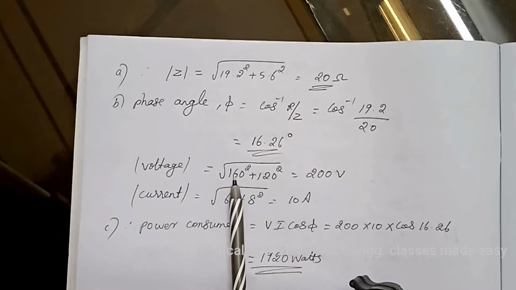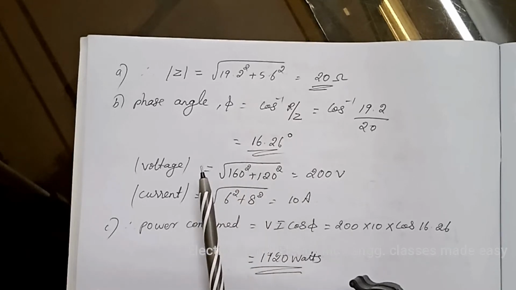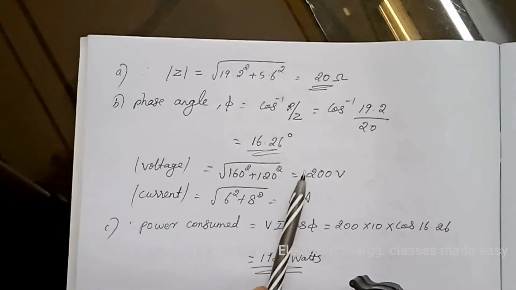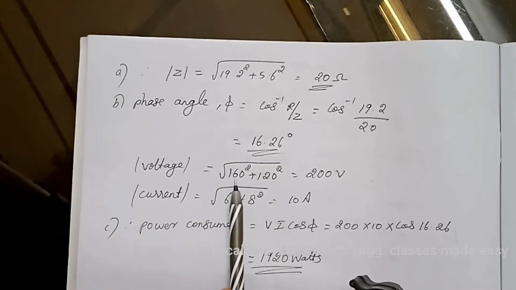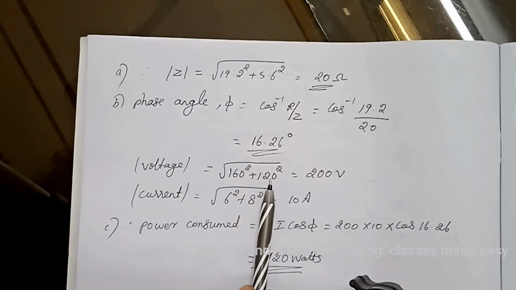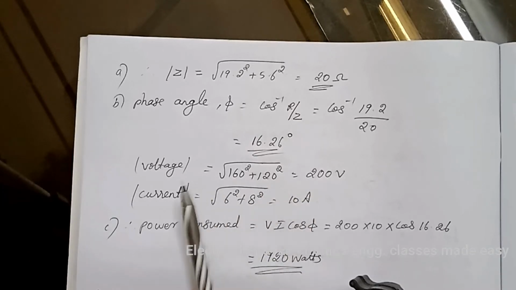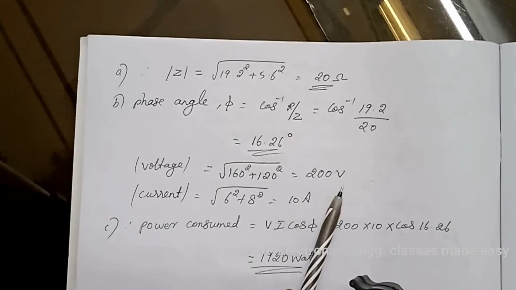Here also you can convert the voltage and current into polar form. That is, the rectangular form 160 plus j120 you can convert to polar form using the scientific calculator. Then we get the magnitude.